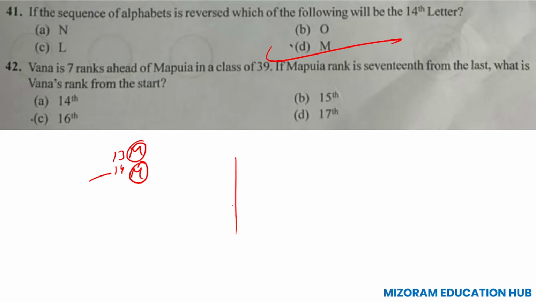If Mapuya's rank is 17th from the last, then Vana is 24th from the last. What is Vana's rank from the start? So 39 minus 23 is 16th is correct answer.